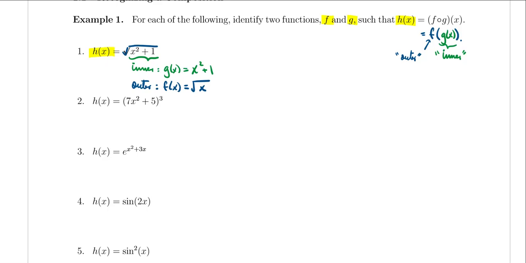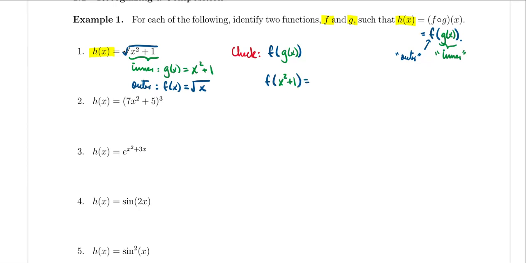Well, let's see. I'm going to check if my function composition was correct by evaluating f of g of x. So again, here a quick refresher for the function compositions. We're basically taking our outer function f and evaluating it at our g function, which was x squared plus 1.